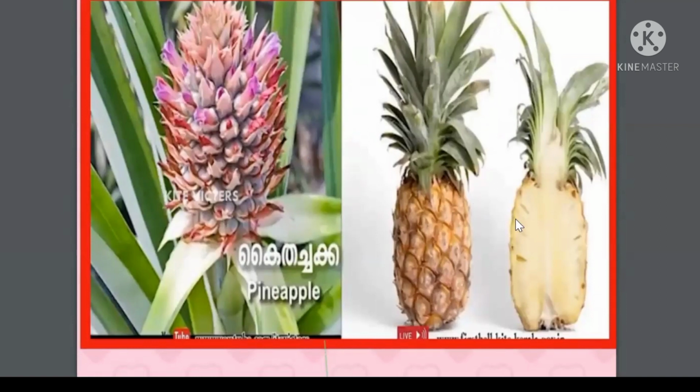We call this a multiple fruit because a number of fruits are covered with a common covering. That's the reason why we call this fruit a multiple fruit.